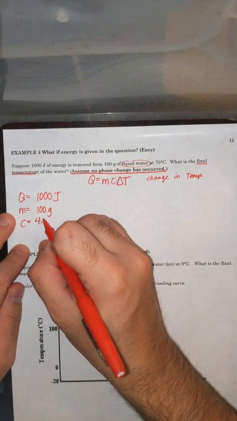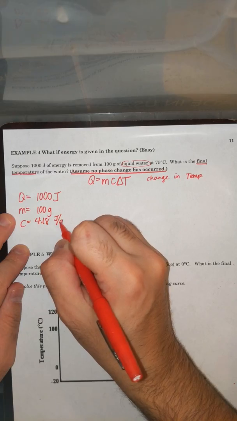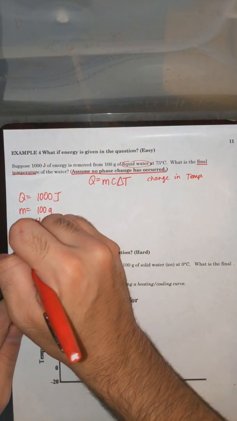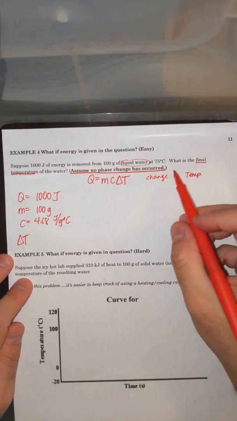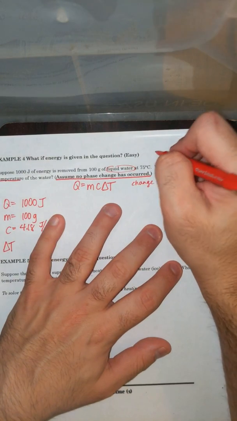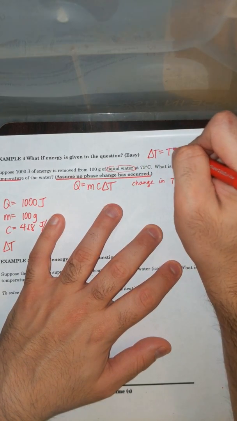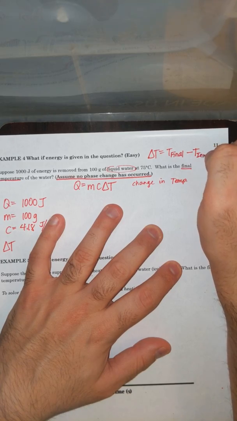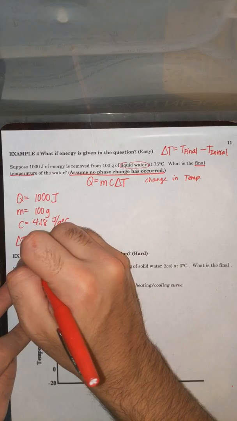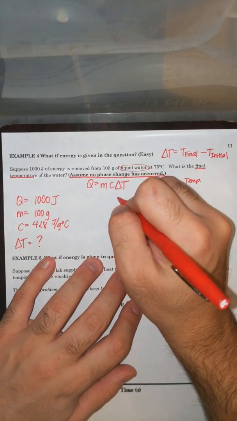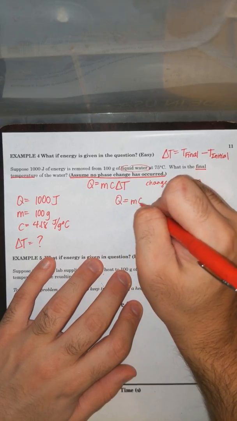So C is 4.18 joules per gram degrees Celsius. The only thing I don't have is delta T. Now, I have an initial temperature, but I don't have a final temperature, and I'll show you how to do that later. But don't forget that delta T is T final minus T initial. So delta T, I don't know. So let's plug these numbers in. Q equals MC delta T.